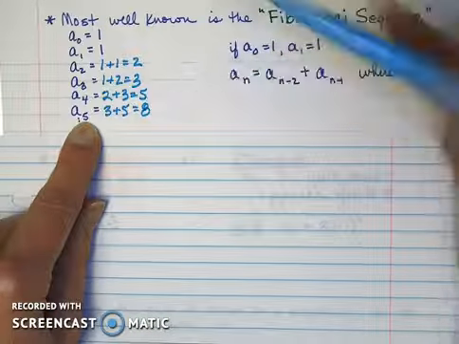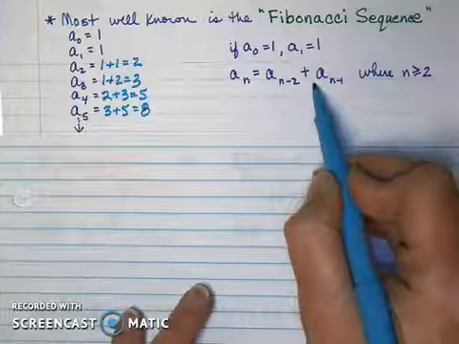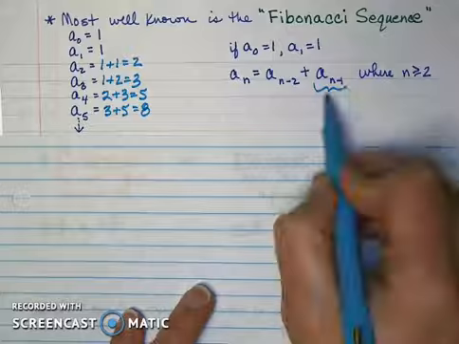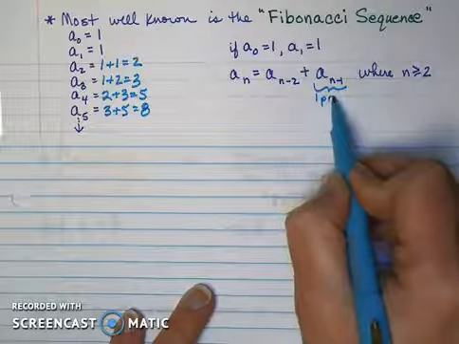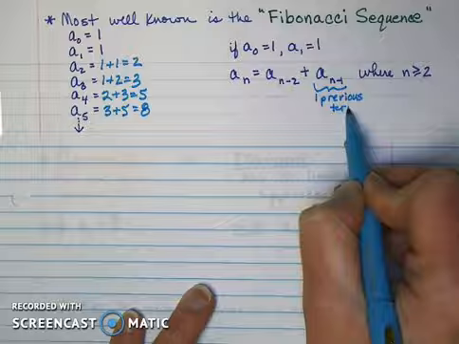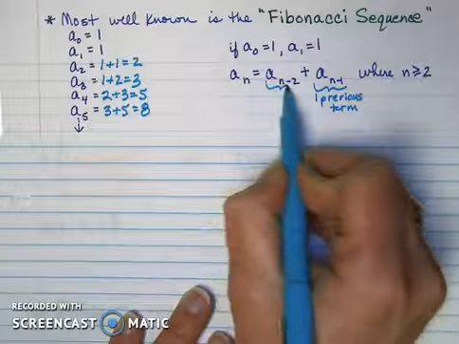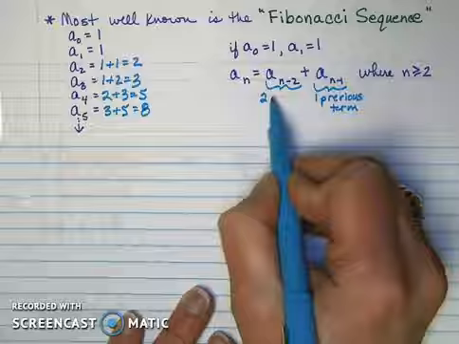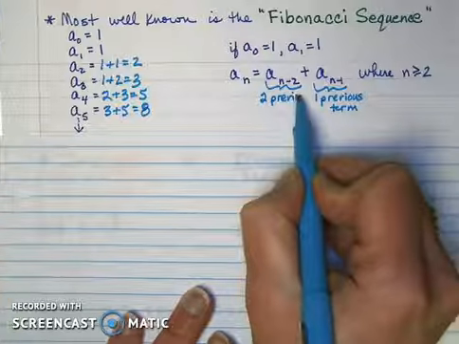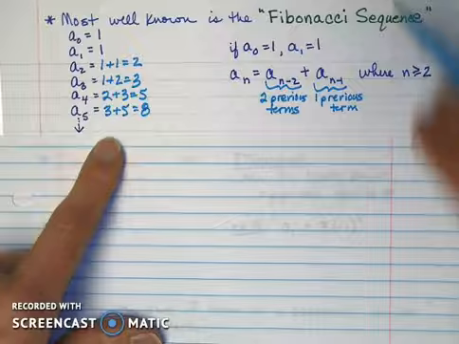And remember what I said about the n minus 1 being the previous term? That is one previous term. But the n minus 2 would be 2 previous terms. So that's where we got here.